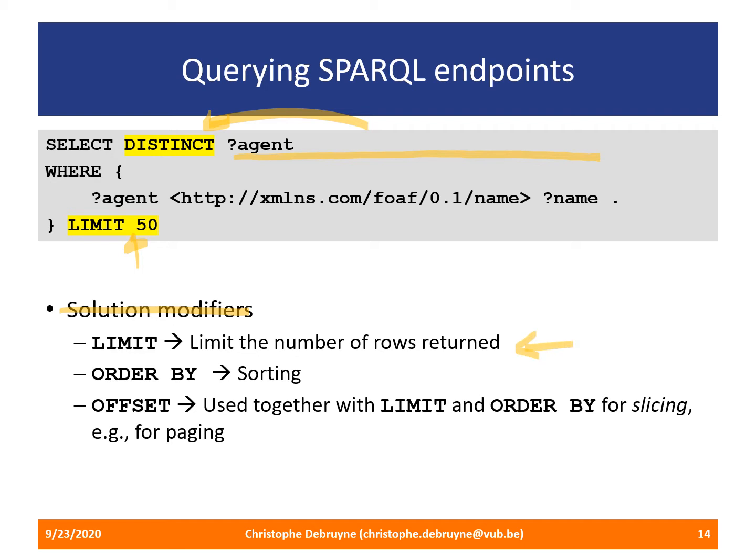Then we can also avail of order by, which allows us to sort according to the variables appearing in the select clause in ascending and descending order. And then we also have offset. And offset can be used together with limit and order by for slicing. Slicing is paging. So you can say the first 100 and then the second 100 and so forth and so forth.